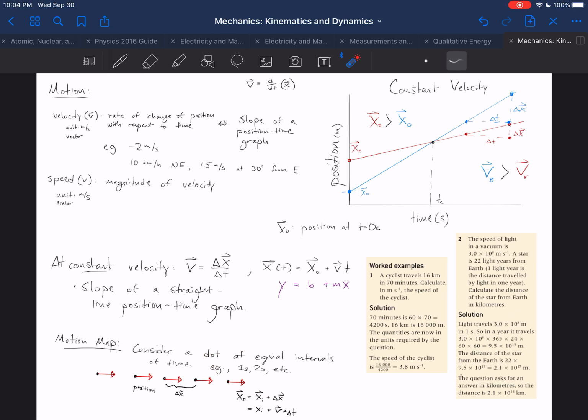So the object is first here, and then here, and here, and here, and here. That displacement is shown as the gap between those points, and the velocity is shown with a single vector starting at that point. The final position after an interval is equal to the initial position plus the displacement between them.